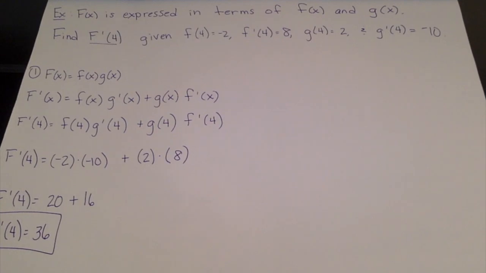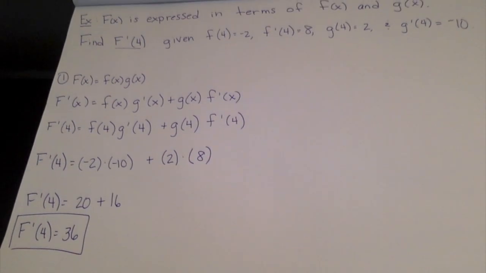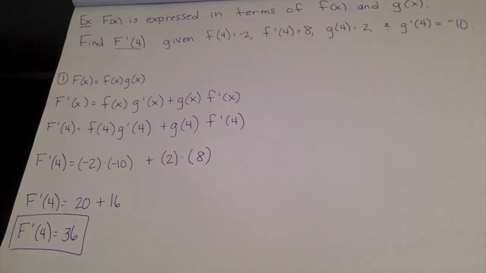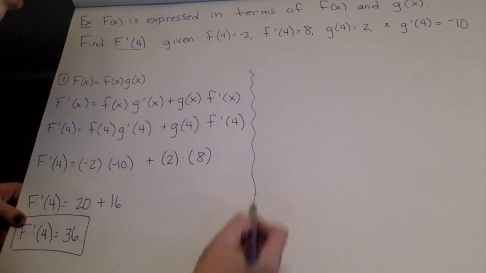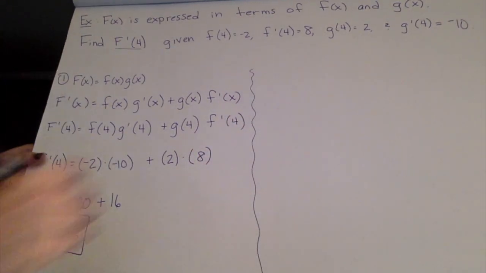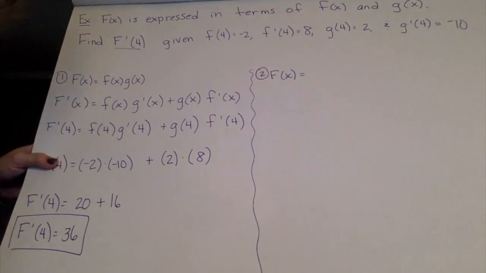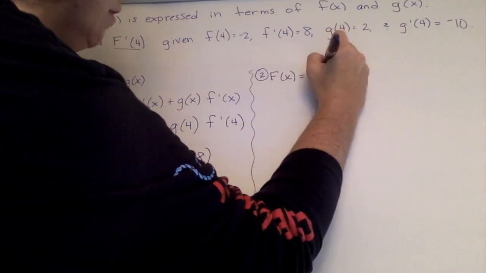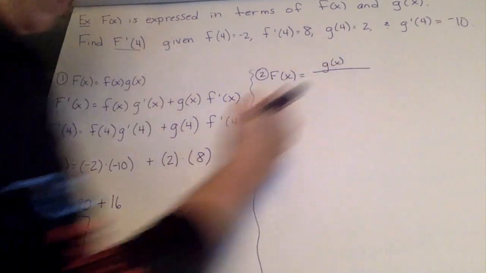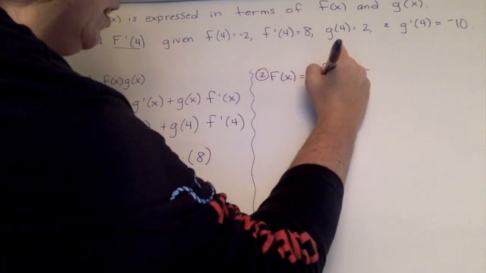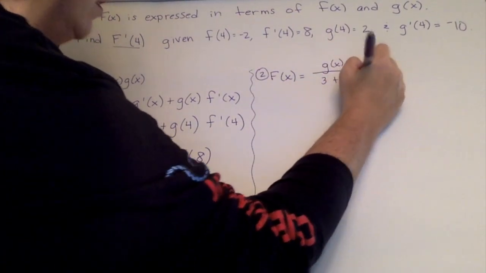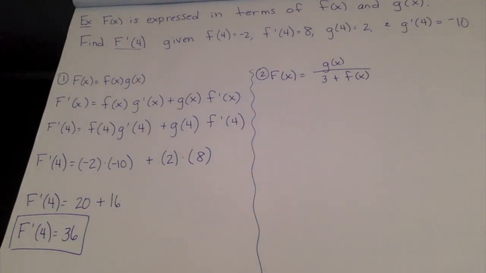Okay, and again, that's pretty straightforward when you think about what we're doing, but we're having to think in those generic terms. Okay, let's look at one more of these. I'm going to try to squeeze that in over here on this side. This time let's have F of x is g of x divided by 3 plus f of x. So this time we're going to need to use a quotient rule.